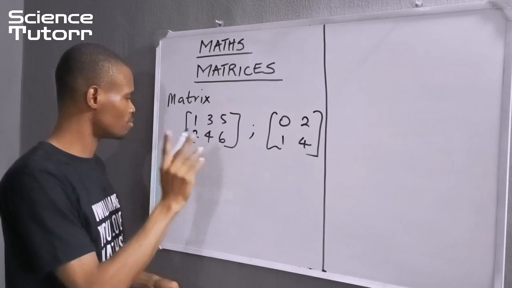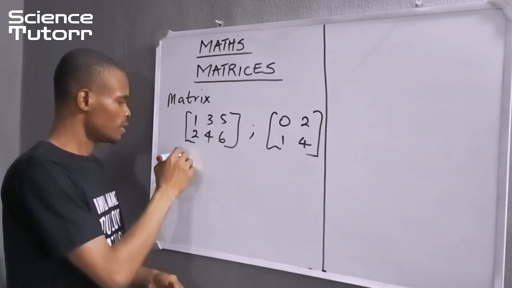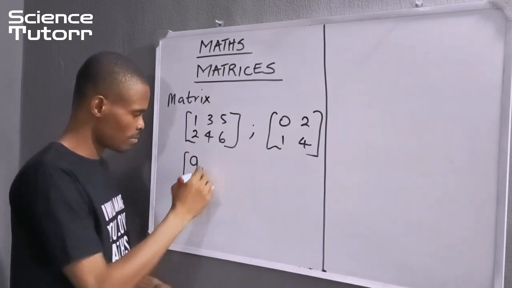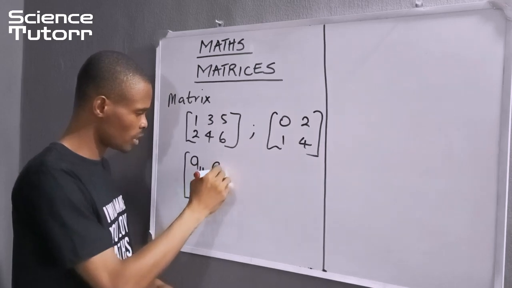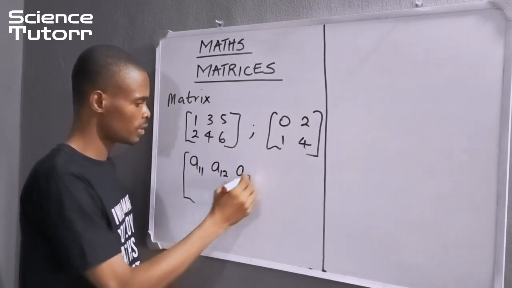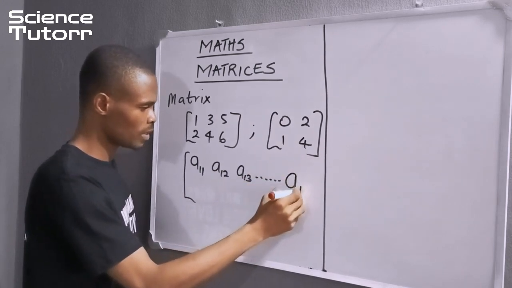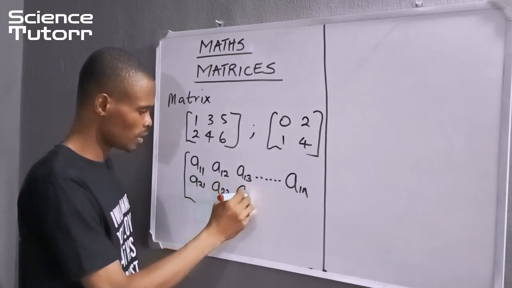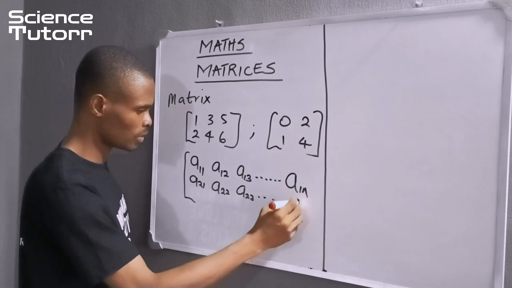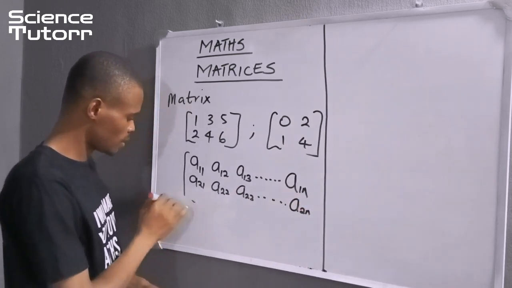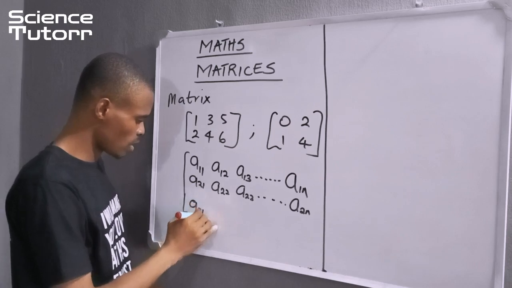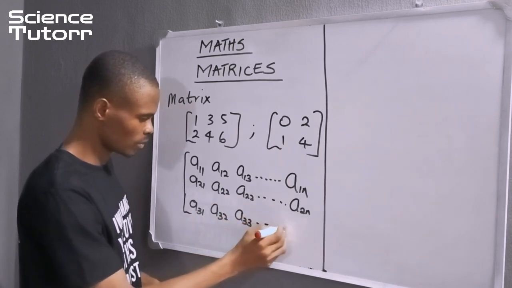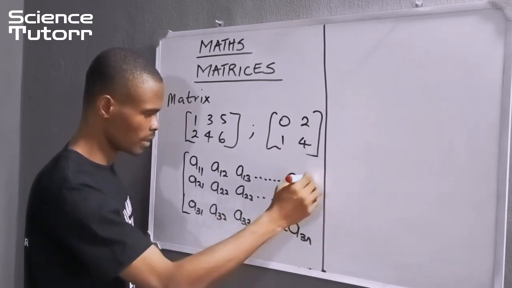What we need to understand in matrices is this. For example, I'm having a matrix arranged in this form: A11, A12, A13, continuing to A1n, A21, A22, A23, continuing to A2n, A31, A32, A33, continuing to A3n.